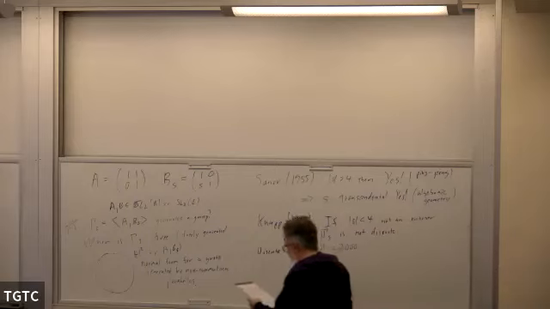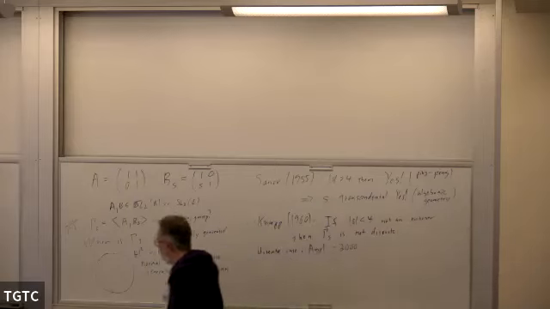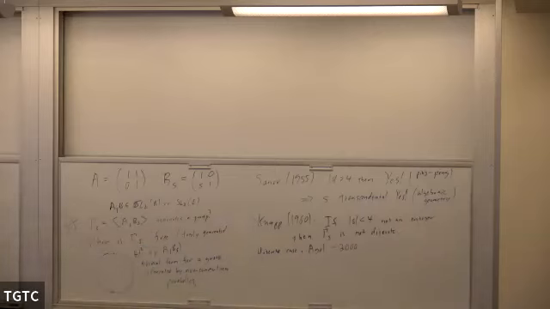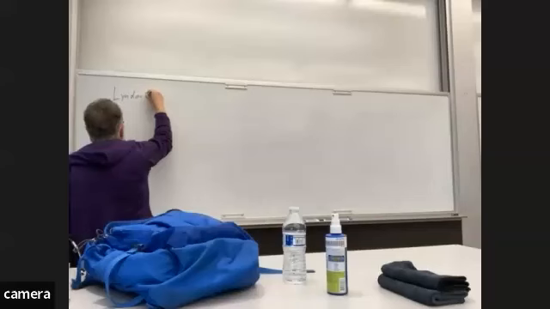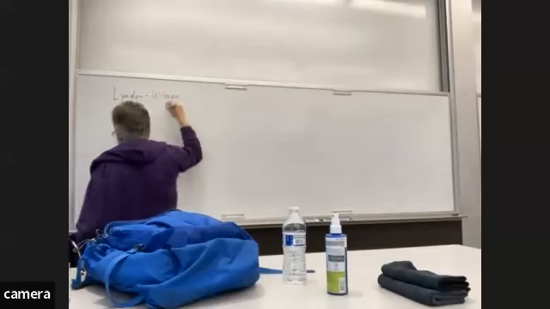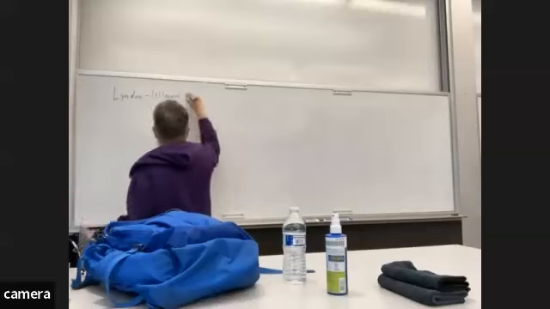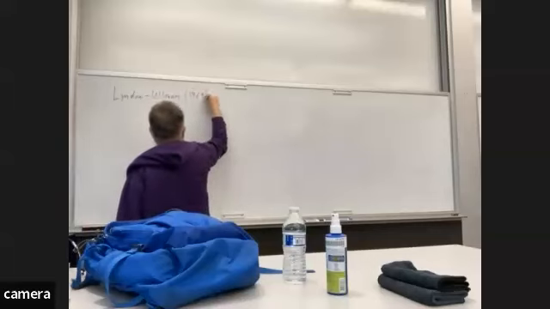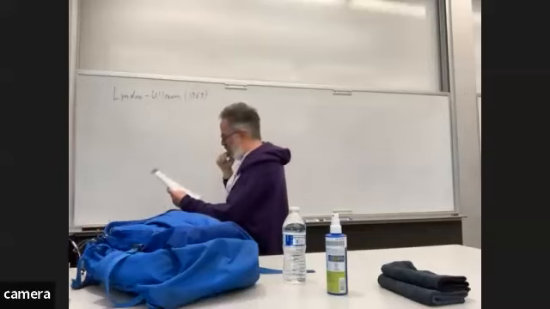Maybe I'll go over here. I just have a few more things to say at this level. Lyndon and Ullman, in about 1969, asked the following question. They just wanted to specialize a bit.